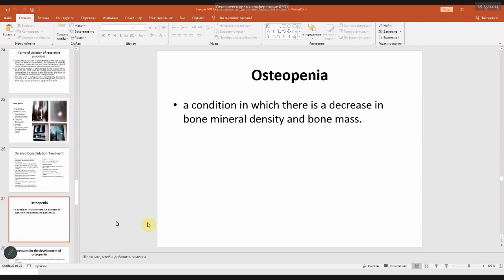Osteopenia is a condition in which there is a decrease in bone mineral density and bone mass.